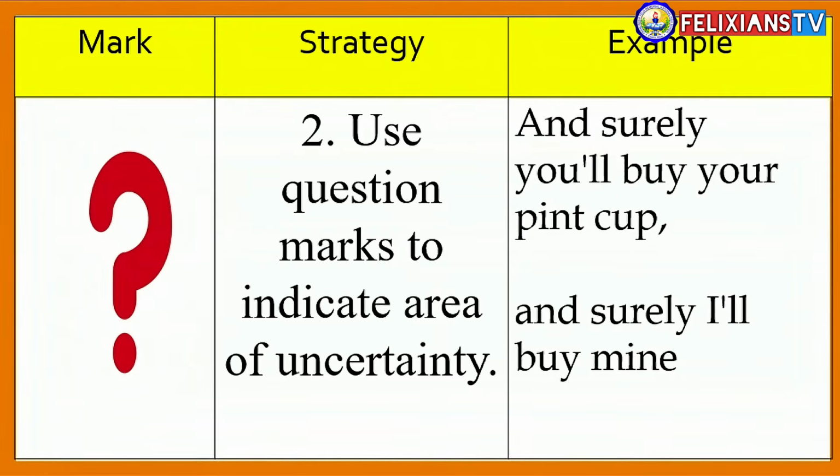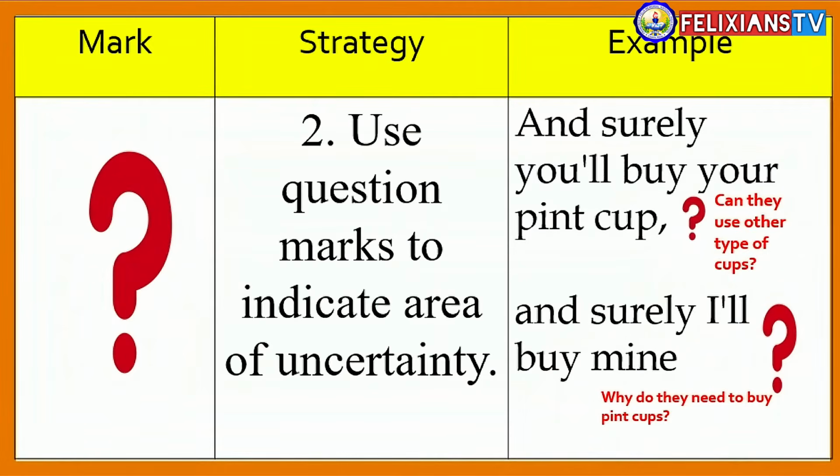If you have any question, put a question mark and write down your question. Just like this. Why do they need to buy pink cups? Another question that you have in mind, put a question mark and write your question. Can they use other types of cups aside from pink cups? So that's how we use the question mark.